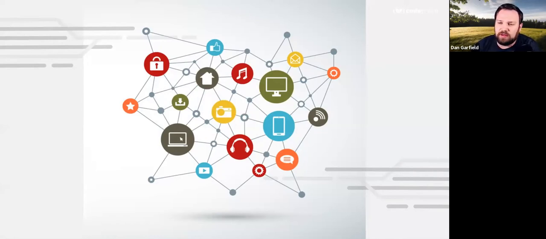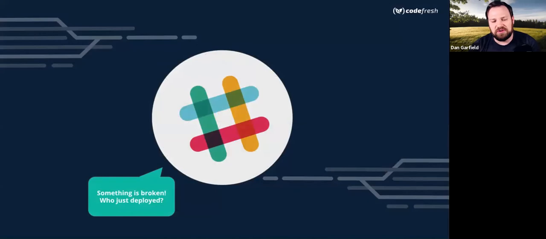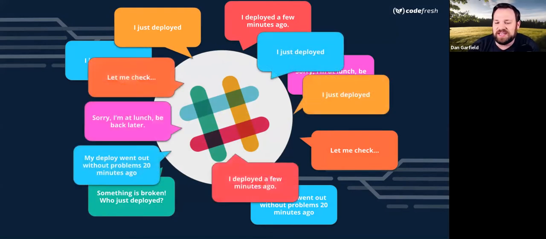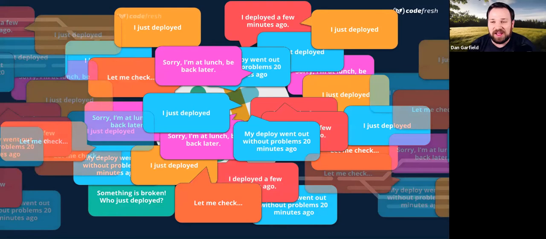And so if you've got a bunch of microservices and people are deploying regularly, you might start off and say, well, something's broken. Who just deployed? And you'll get a bunch of answers. Oh gosh, quite a few people just deployed recently. And you start to investigate the issue, and it turns out more people just deployed. And now you're getting more answers because it turns out lots of people are deploying.